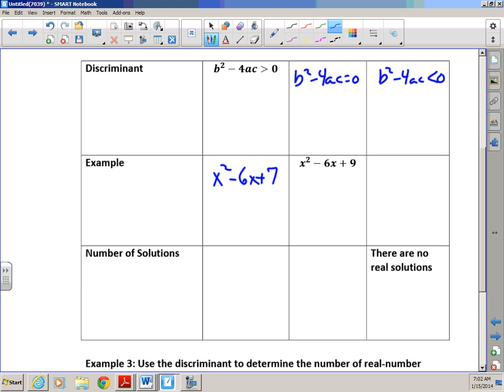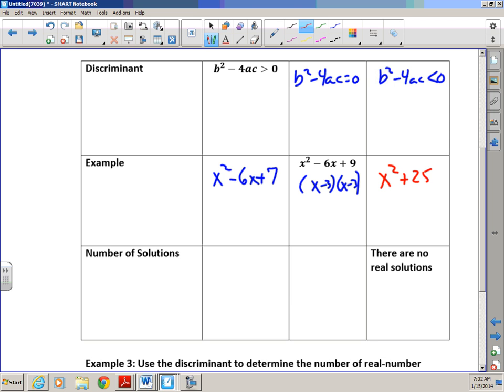The reason for that is when I factor this, I am going to get two different answers. Now, it's equal to 0 here because this is a perfect square trinomial, which means there's only one answer.